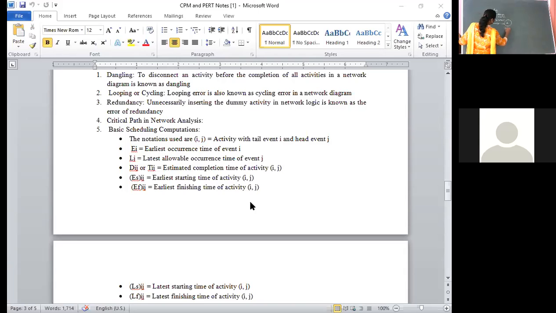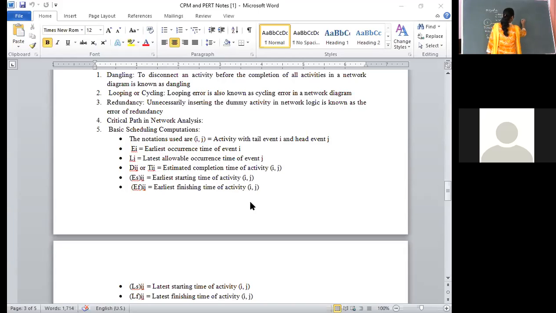Start event and end event. Every activity starts at an event called the tail event or initial event. The start event is always represented by the letter I. You have to remember this. Where it ends is called the head event or terminate event or end event. It is always represented by the letter J.